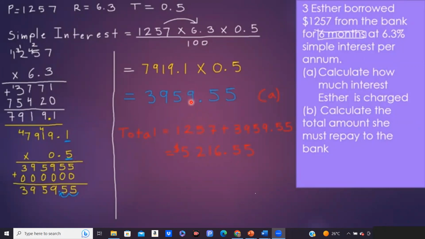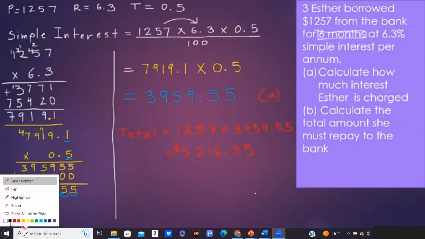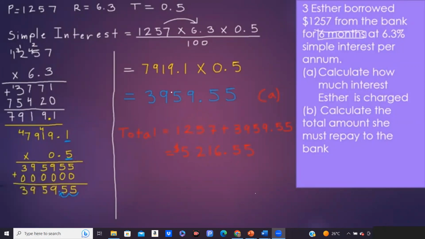Wait a minute. That's a good point you made, because we did not divide it by 100. For this one, please make a correction. I was trying to figure out why this is so big. So we still have to divide it by 100, which we never did.